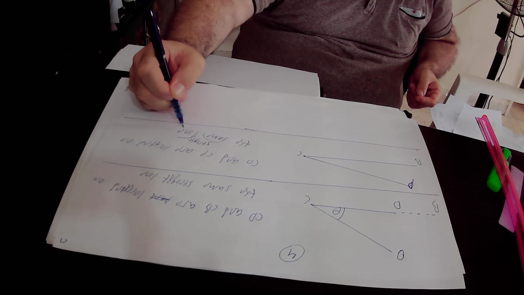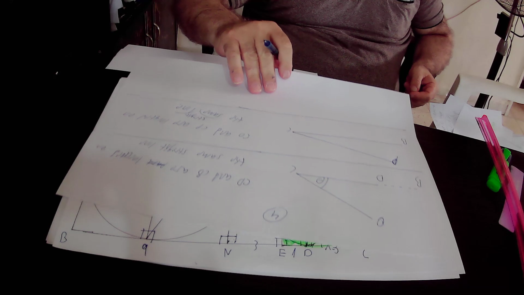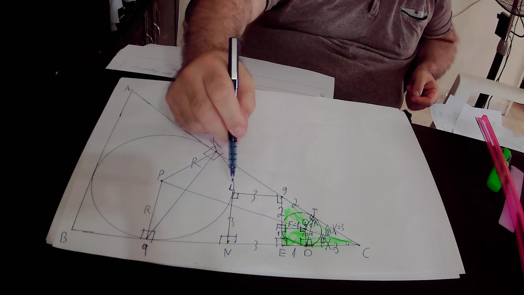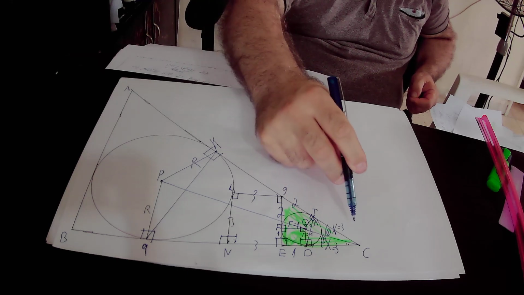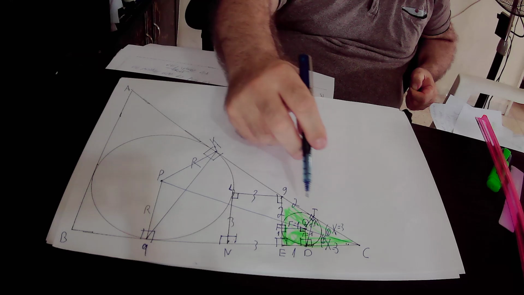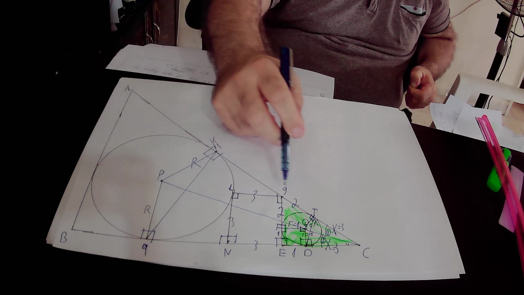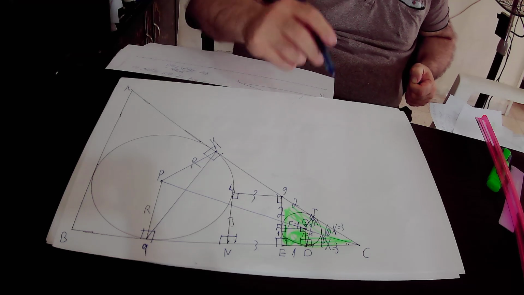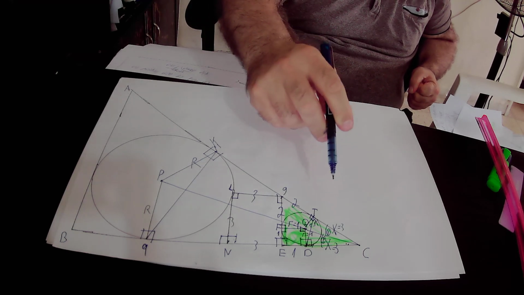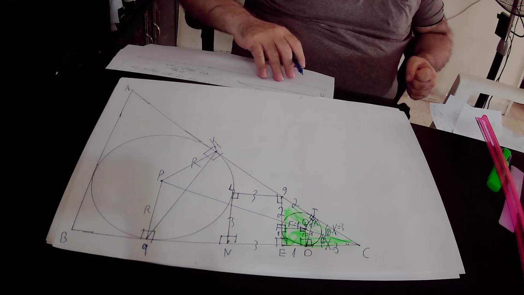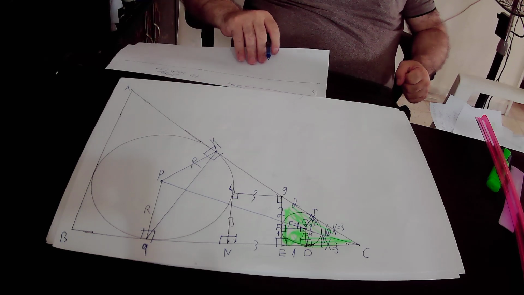Repeat again. Otherwise, if CO and CP are located on the same straight line, then CO must pass through point P. But according to our assumption, CO doesn't pass through point P, therefore CO and CP are not located on the same straight line.